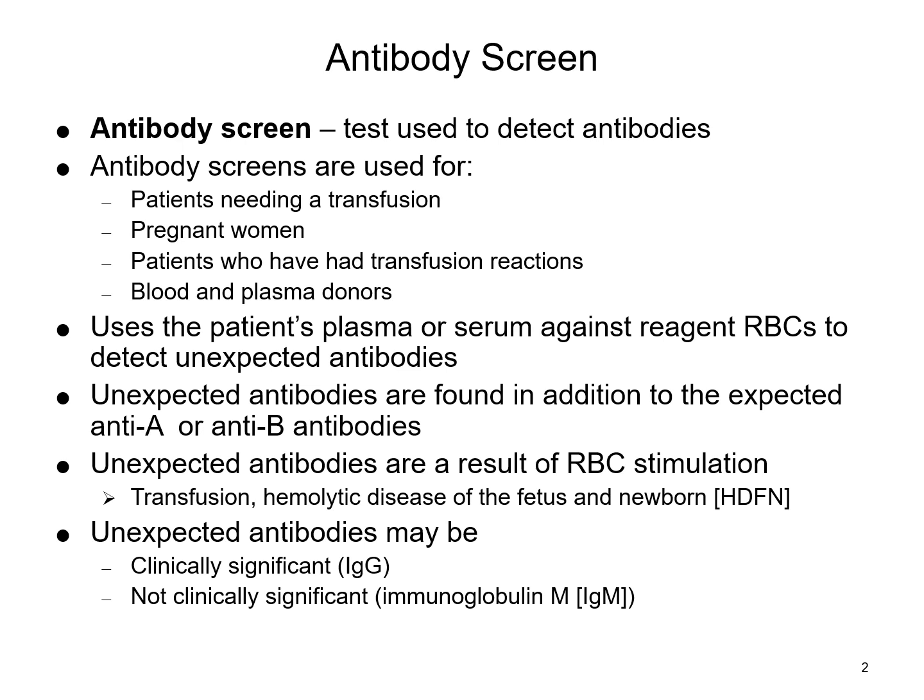So our unexpected antibodies are a result of some sort of red blood cell stimulation, and this can happen through things like transfusion or exposure through red cells that could potentially cross the placenta, as in pregnancy.